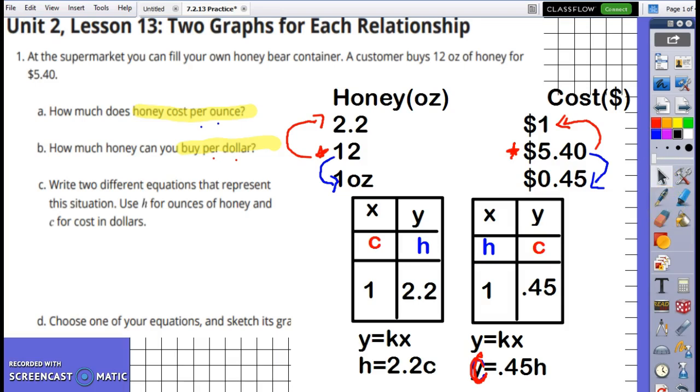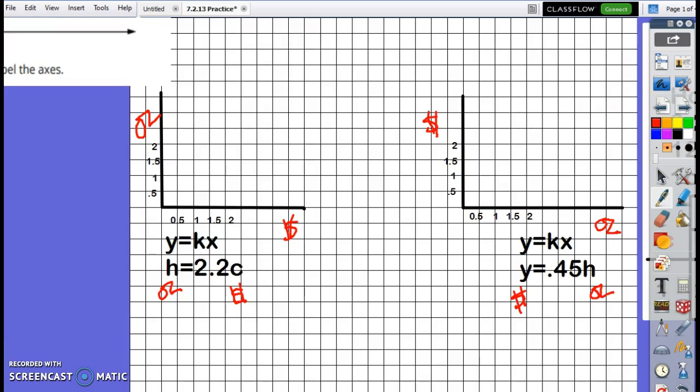I'm going to pause right here and show you the graph. Okay, so here we have our graph set up. I want you to notice that on this first graph, I made my graph and I labeled my axes. Here my x-axis is going to be my cost, my dollars. My y-axis is going to be my ounces.